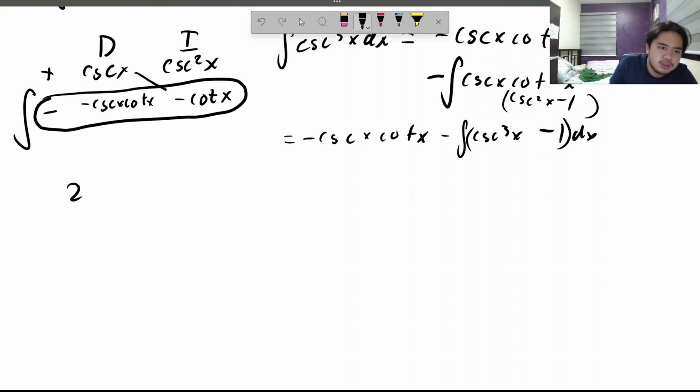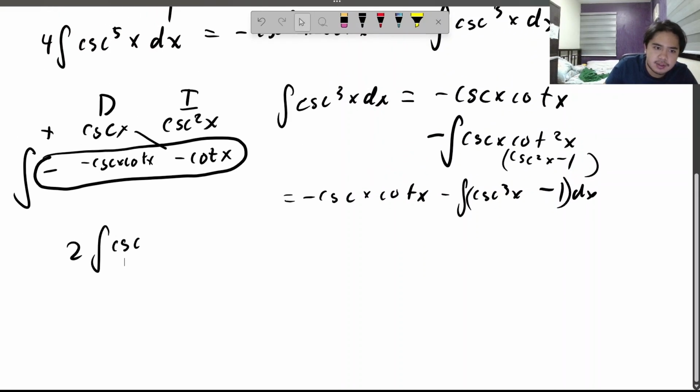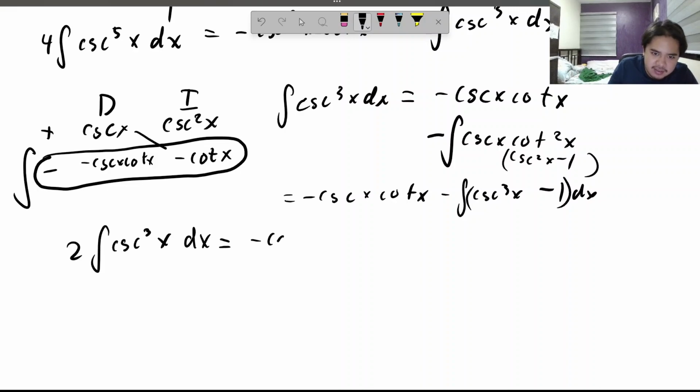This becomes 2 cosecant cubed x dx equals negative cosecant x cotangent x, minus minus is plus, then the integral of dx.